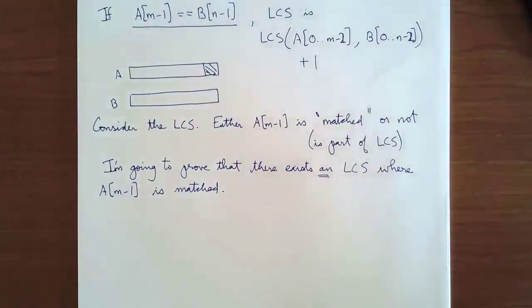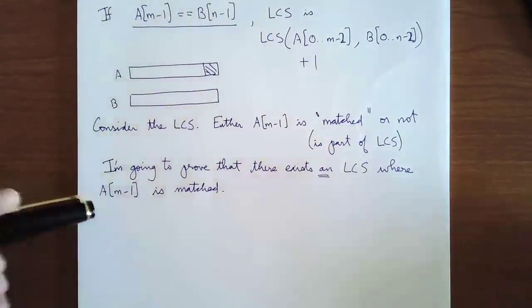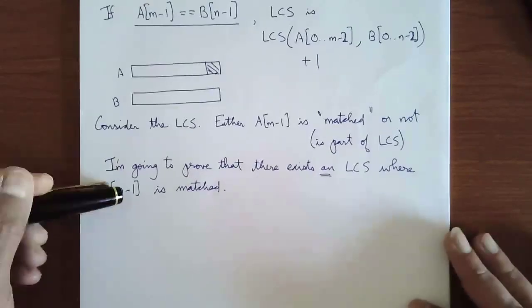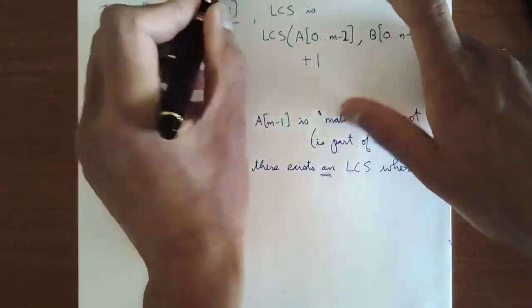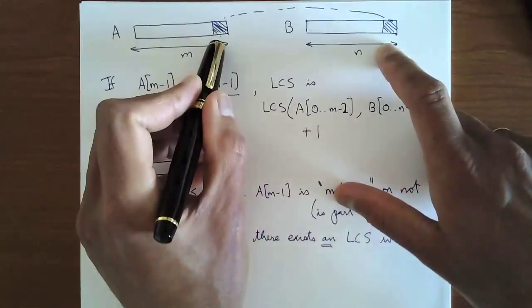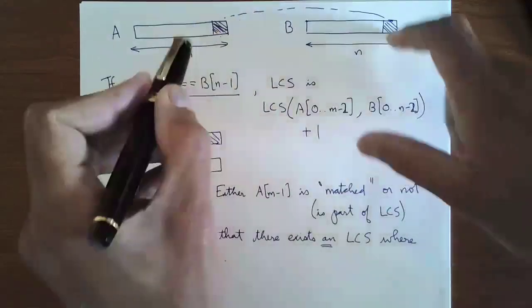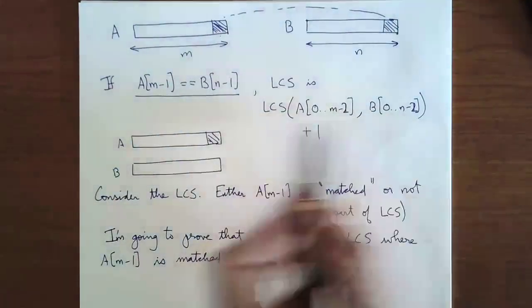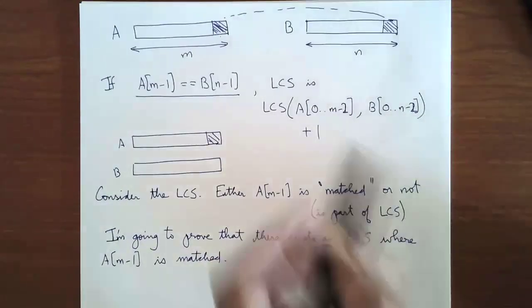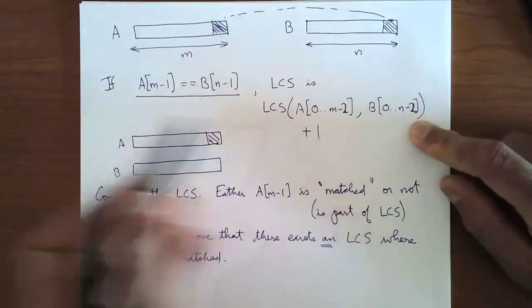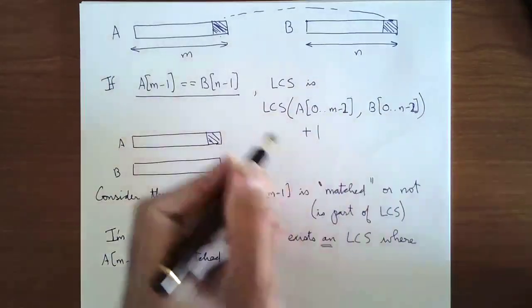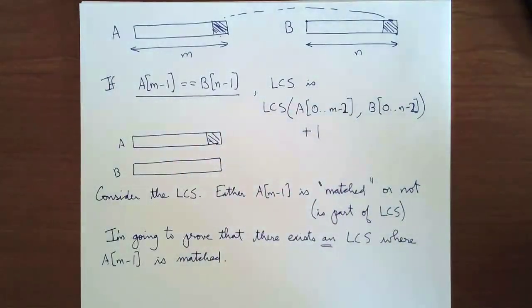Any questions about, did you understand why I'm trying to do this? I'm trying to argue this to show that if the last two characters are the same, then we can just match those characters to each other and just recur on the remaining part. And that is this first case of this recursive algorithm.